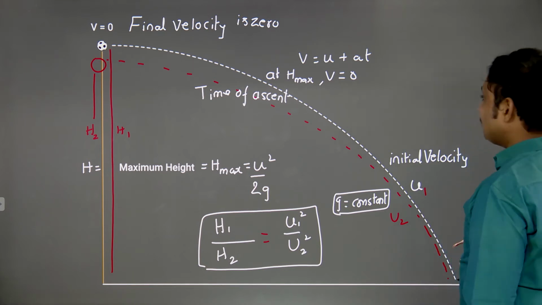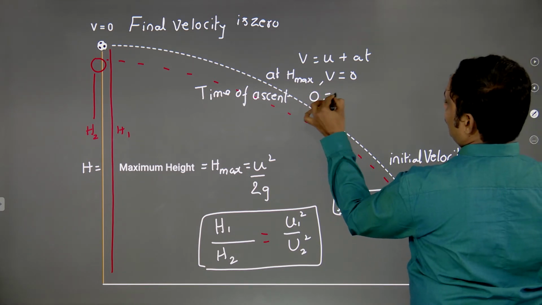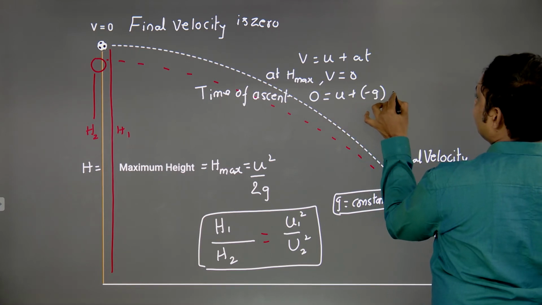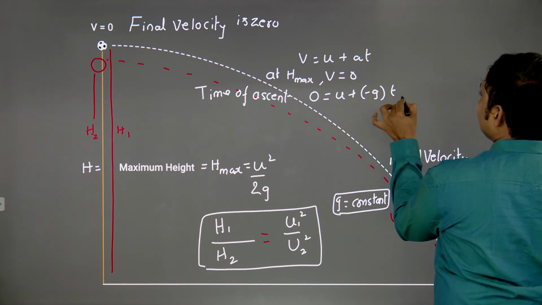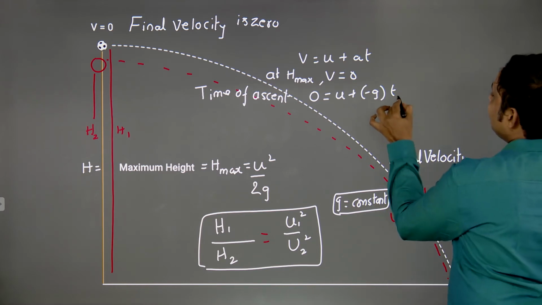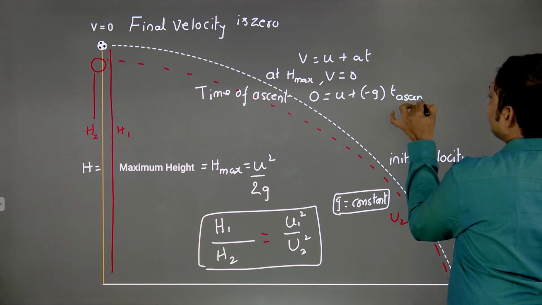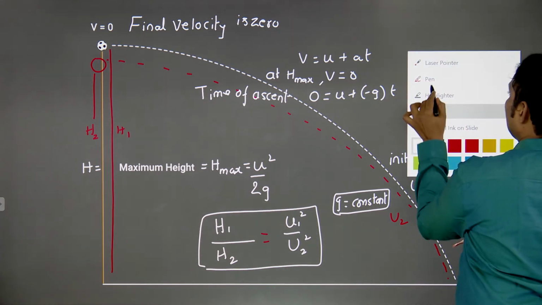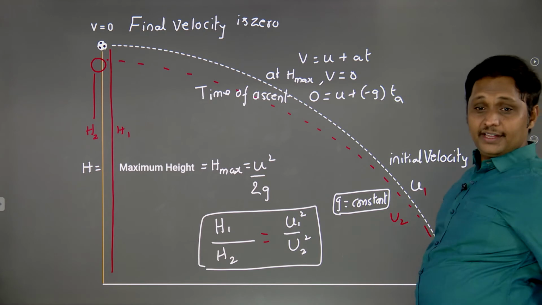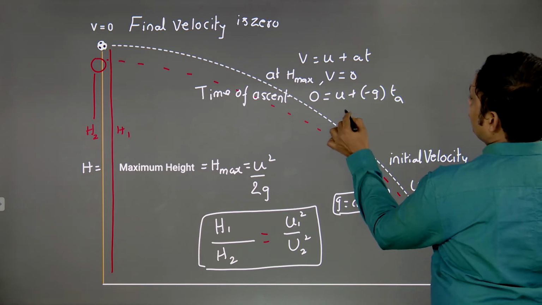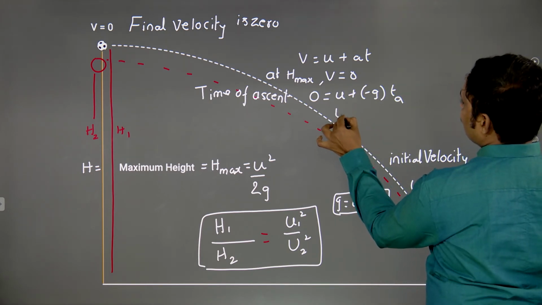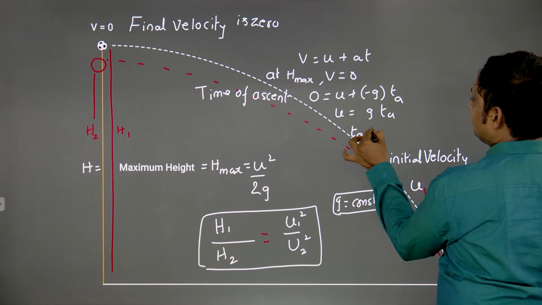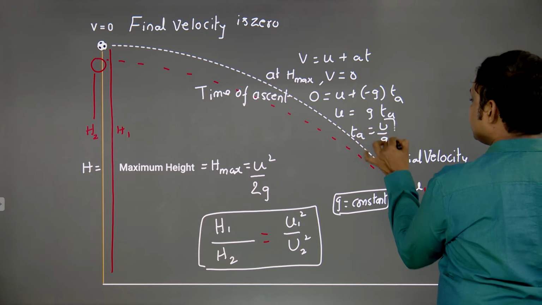You have to learn this one. 0 is equal to U plus of minus G into T, where T is T ascent. You have to write it down like that, TA. So you can take that U is equal to G TA. So TA is equal to U by G.